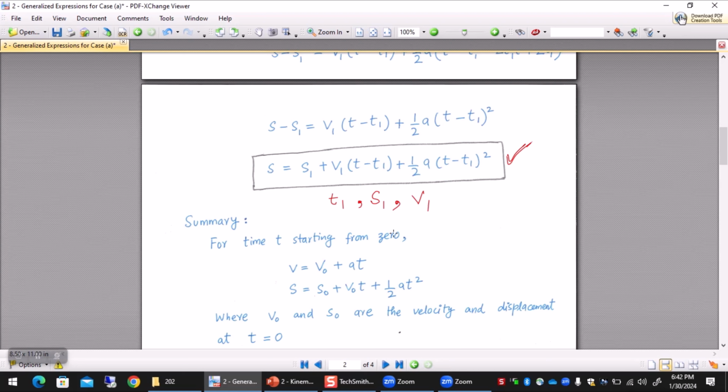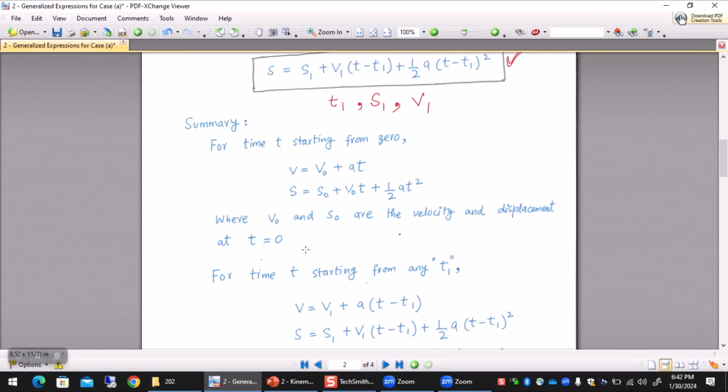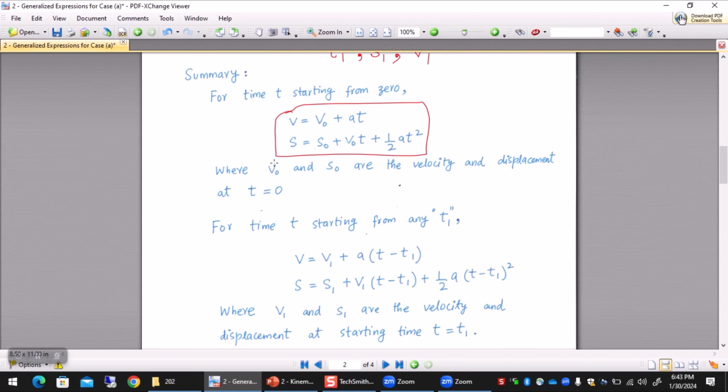So the summary is that if t is starting from 0, you have these two equations which we derived earlier. You can readily apply them to a case, but please make sure that time is starting from 0 and the acceleration remains constant throughout the motion on which you are applying this expression. But if you have to divide your problem into some parts and you still want to apply the direct expression, then you can use these two equations which I re-derived in this PDF file.